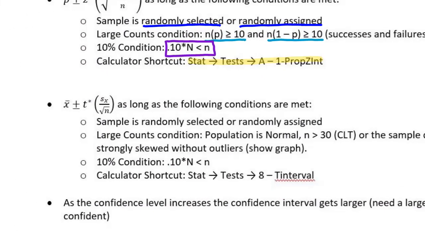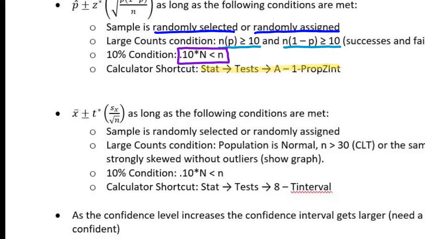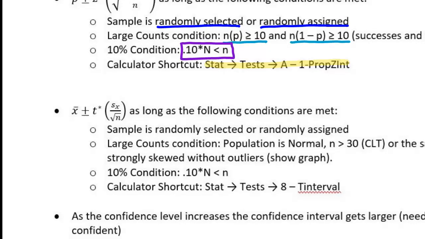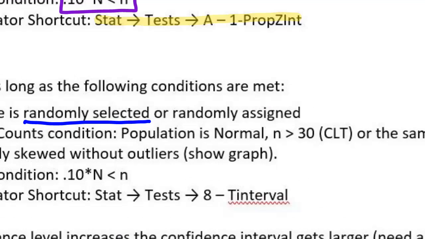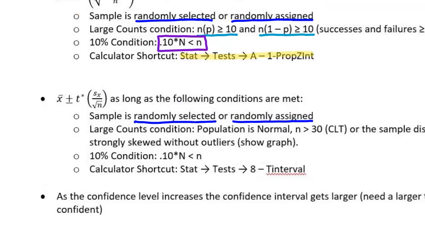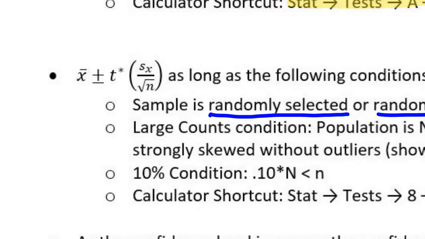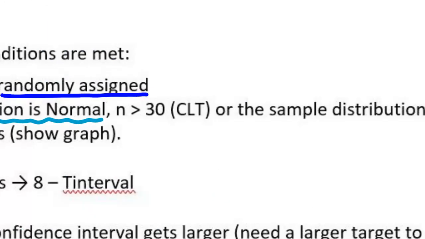X bar plus or minus t star times the standard deviation of x over the square root of n, as long as the same conditions are met, randomly selected or randomly assigned. Instead of large counts, we have the large sample condition. The population is normal, or central limit theorem.